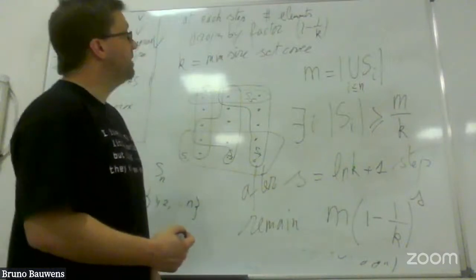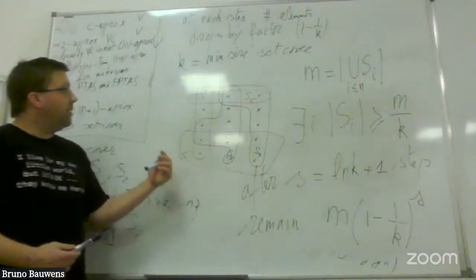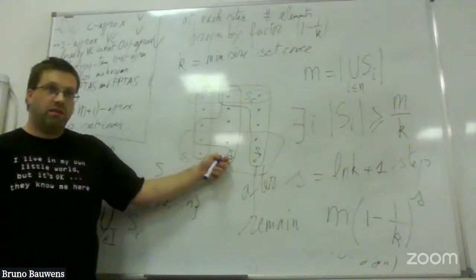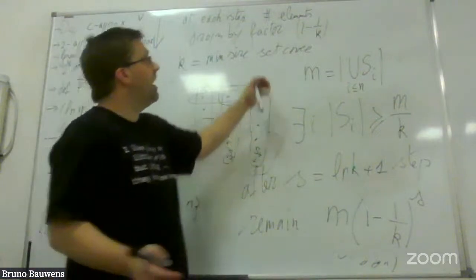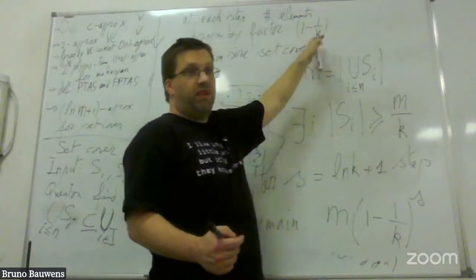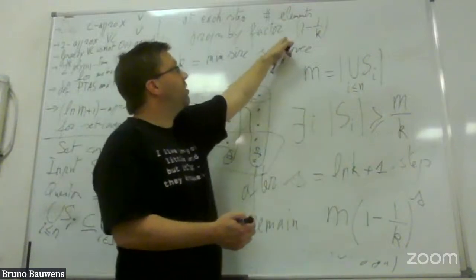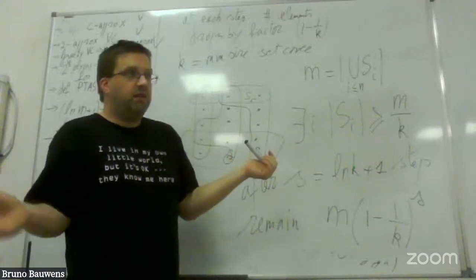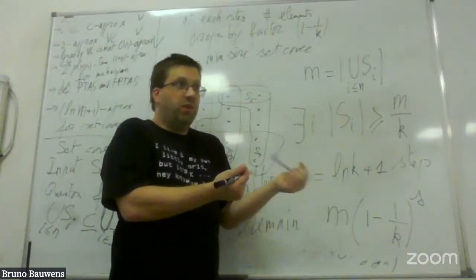If only one element remains, we will take it for sure, so we don't need to worry about rounding. There is a set with at least 1 over k of the remaining elements that we remove. If 1 over k times the number of remaining elements is 0.0001 elements, it's okay, because we promise to take at least that many elements, so we can round up.